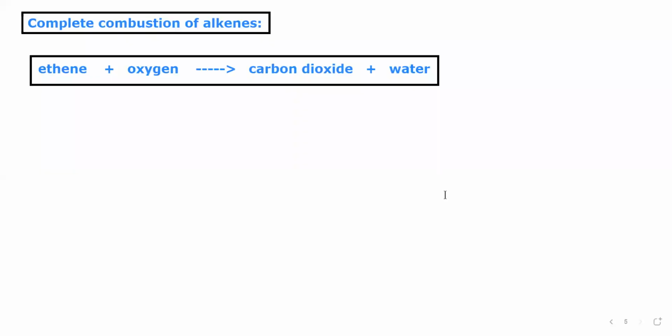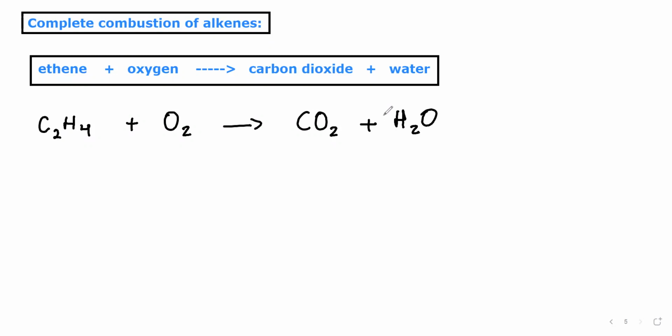One more reaction of alkenes: ethene, C2H4, reacts with oxygen, O2, and forms carbon dioxide, CO2, plus water, H2O. Let's balance the equation. Yes, this is balanced.